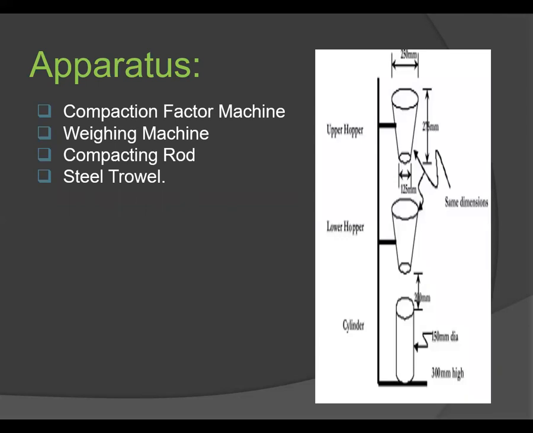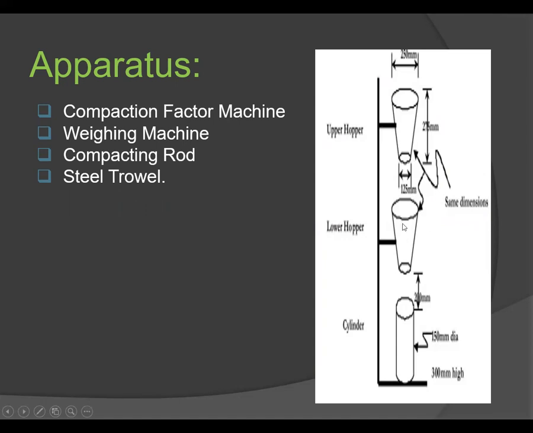We require a compaction factor machine. You can see in this picture, this is our compaction factor machine, where the cylinders are arranged one below another. The first hopper has an upper diameter of 250 mm, a height of 275 mm, and a bottom diameter of 125 mm.